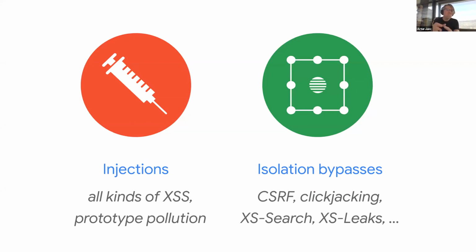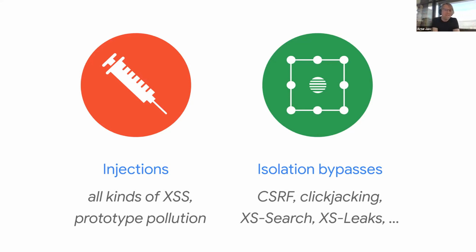So to dig maybe more deeply into those, I will make a bold claim that the bulk of web client-side security vulnerabilities fall into these two categories. So one is injections, right? We all know it by the name of XSS. There's different kinds of XSS, DOM-based, reflected.